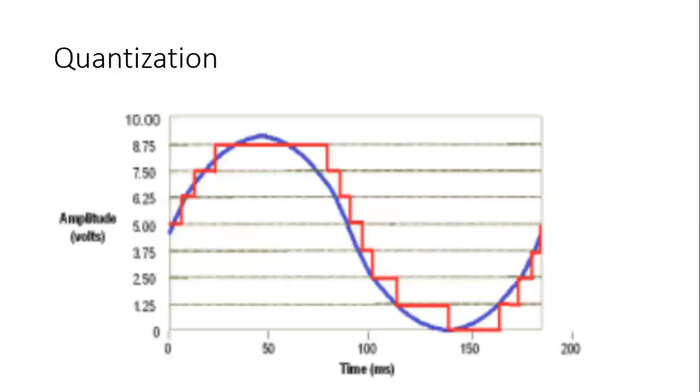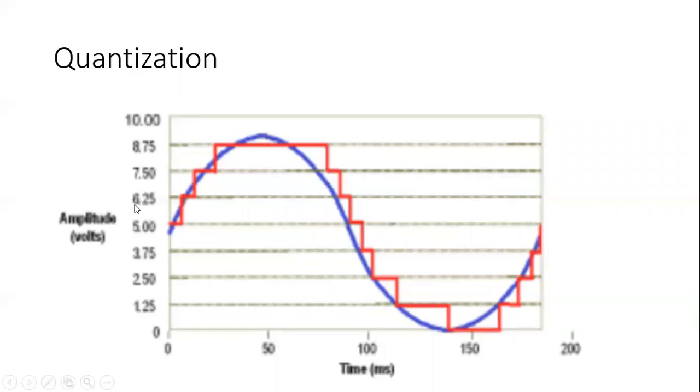When you are doing it horizontally, like we have done here, this is the point where the sampling was done. It shows 5 voltage, 6.25 voltage. The blue line is basically your original signal, whereas the red line is showing the digital format. Now you can see here, if the signal is greater than say 0.5, we round up to make it 1.